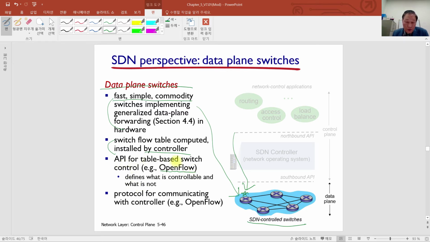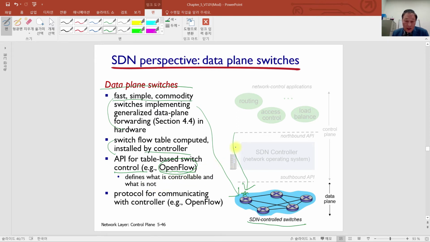And there is an API for table-based switch control. Messages and required information are given to get the proper and appropriate flow table information. It defines what is controllable and what is not.